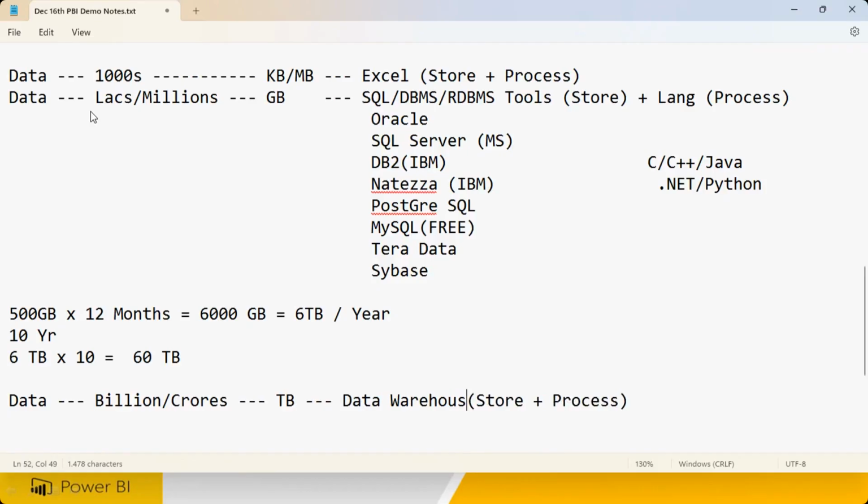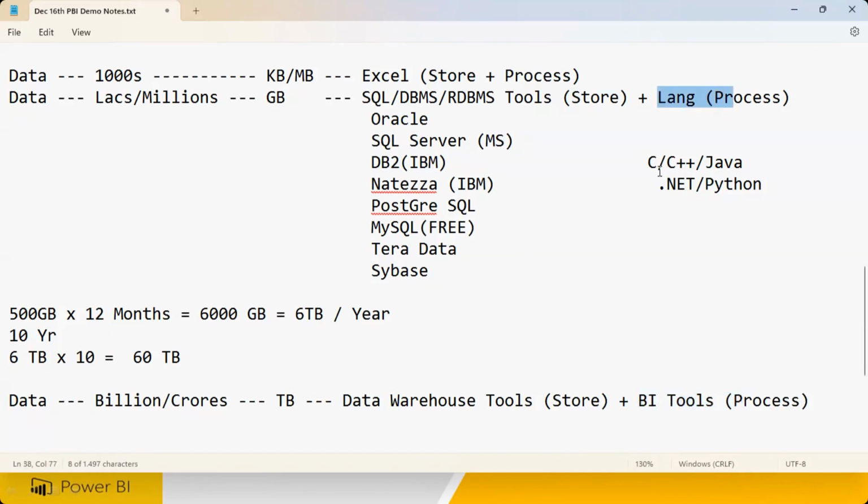But who's going to be processing the data? A language I cannot use. So here, people have started implementing new tools called BI tools, business intelligence tools, where you can create a lot of insights without writing code.